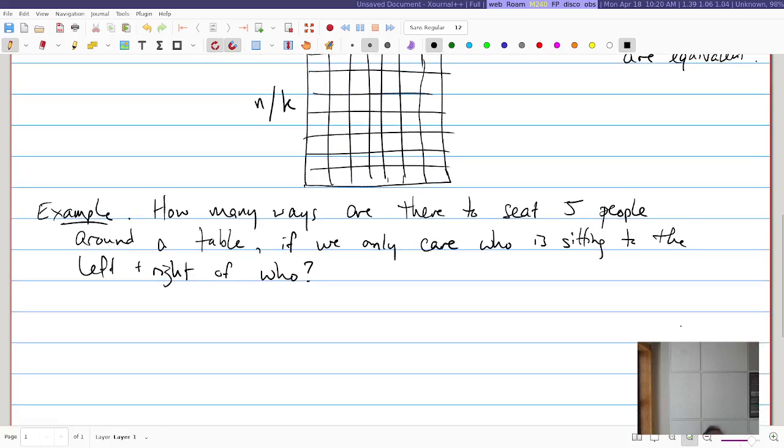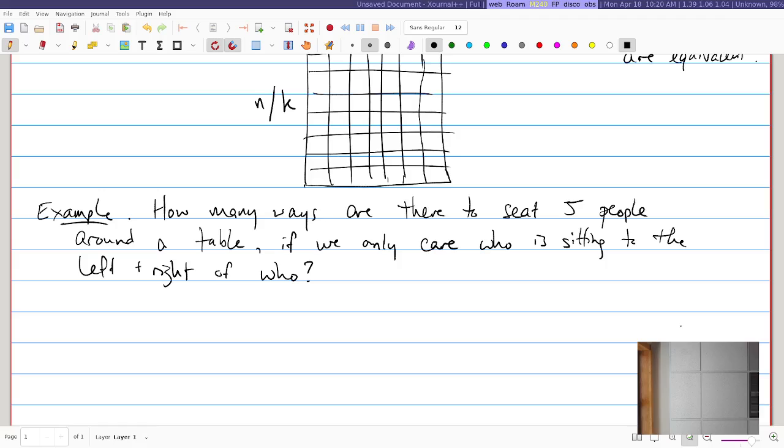Well, first of all, we can forget about the second part, where we don't care about what actual seats people are sitting in. What if we do care about that? How many ways are there to seat 5 people at a table? That we know how to answer. It's similar to how many ways there are to make a schedule of soups. Who's going to sit in this seat?